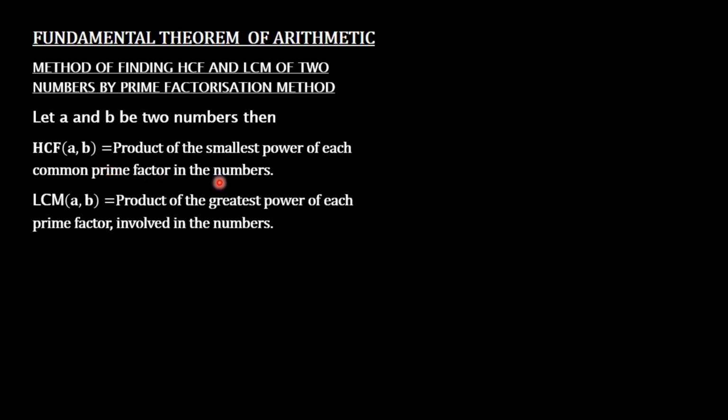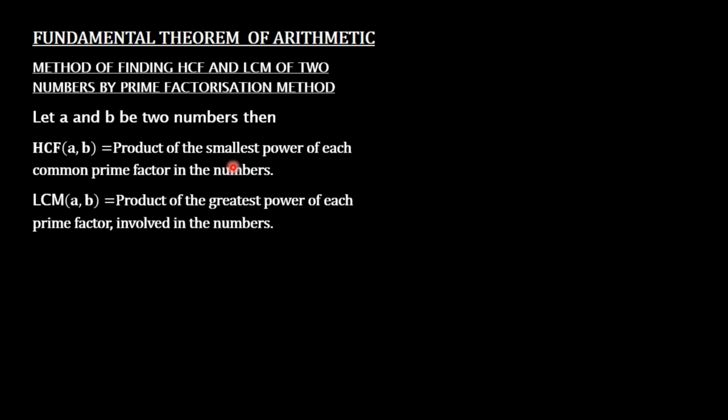Then, from the common prime factors, we examine the smallest power among them. If A has a prime factor 2 cube and B has 2 square, we compare both and take 2 square, the smallest power.